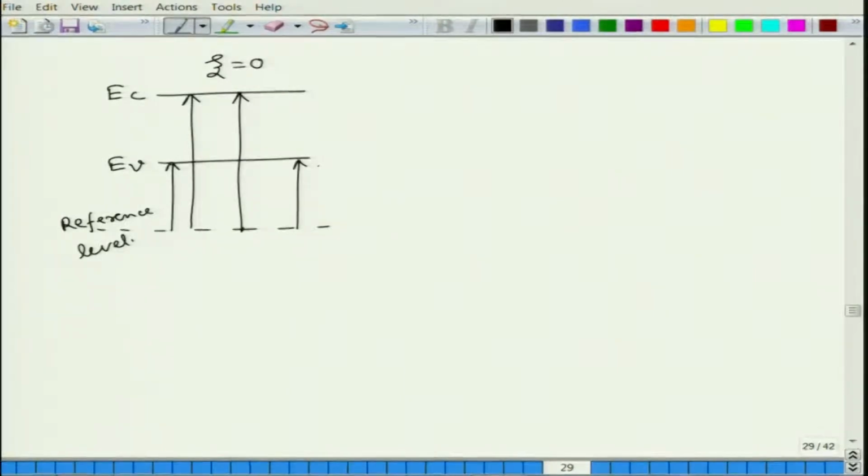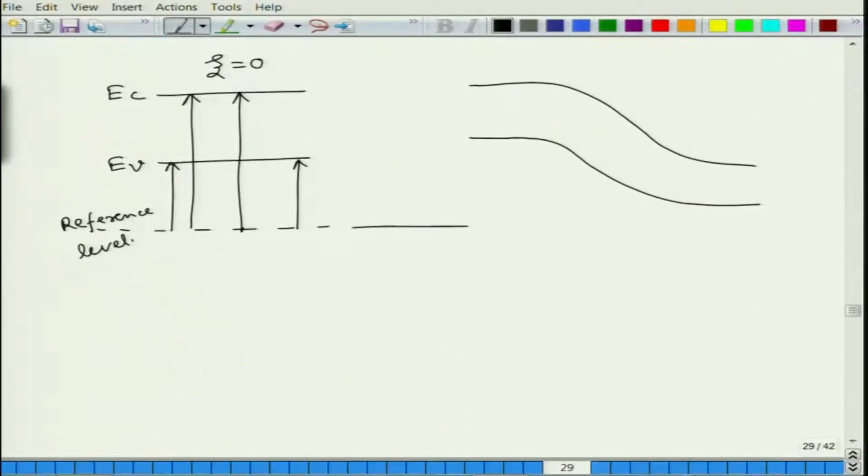Now, whenever xi is not 0, then that means it has to have some gradient. Now, everything is bent, okay, because now with respect to the same datum, or reference state, you have here EV1 is larger than another location where it is EV2.